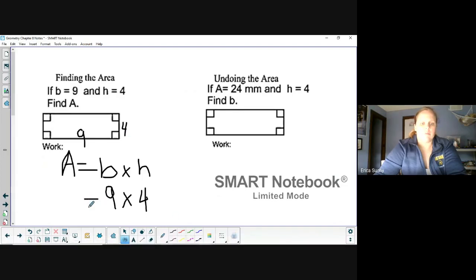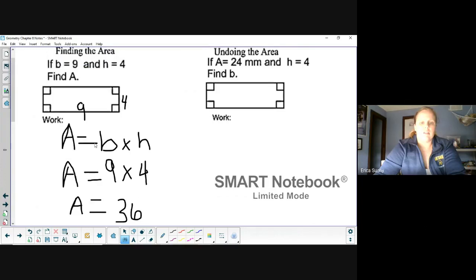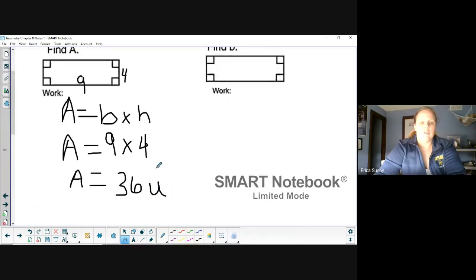And then I just multiply those together to get the area, 36. Now, because this is an area or a two-dimensional space, we're going to have units squared. This does not have a particular label, so we'll just put U for units and squared.